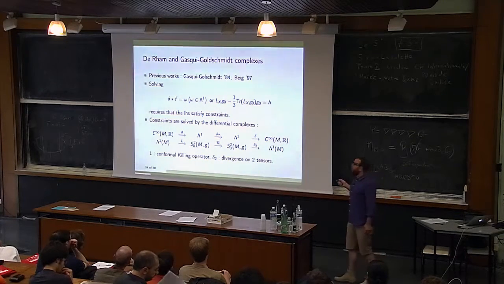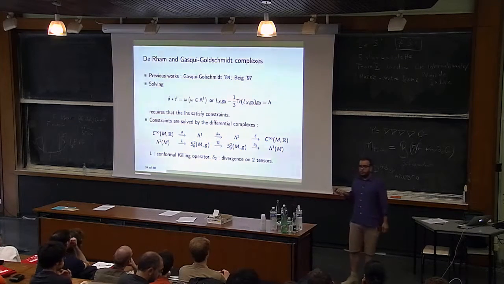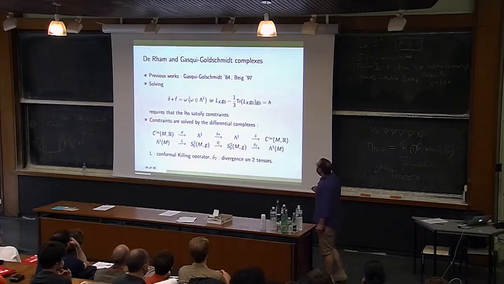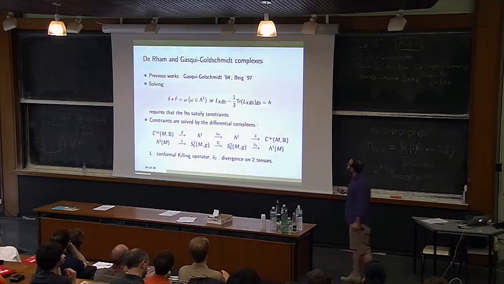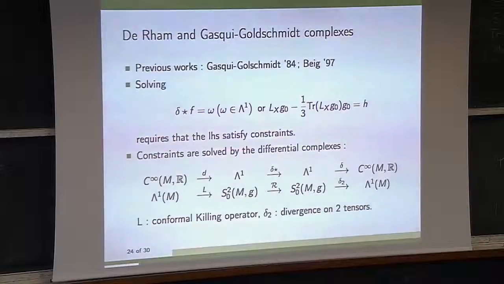It was redemonstrated by Baig 10 years later, well, 13 years later, because the initial paper was written in French. If you want to solve this equation, delta star f equals omega, with omega a one form, you want to construct a one form f. This is an overdetermined equation, which means that the right-hand side has to satisfy some constraints.